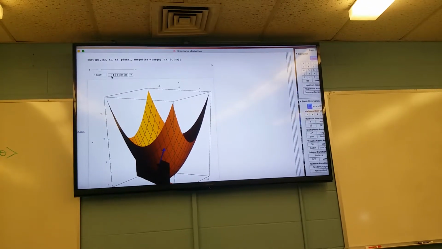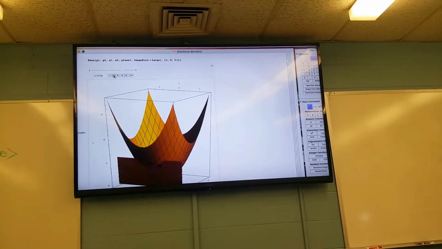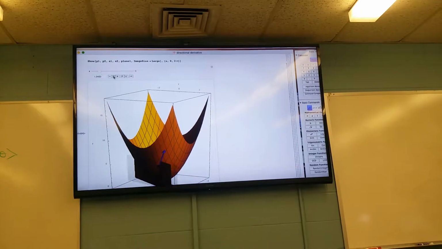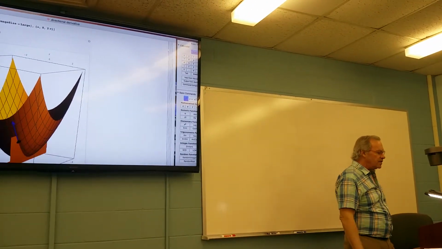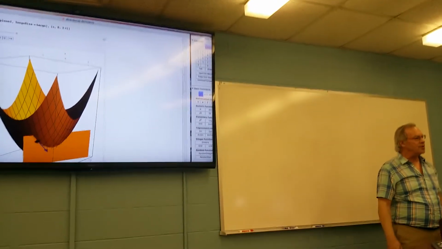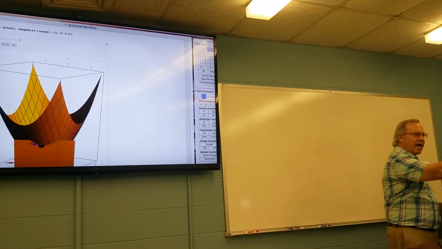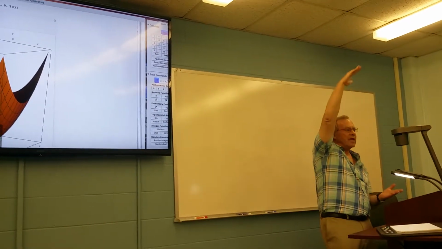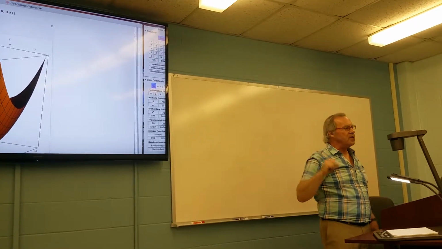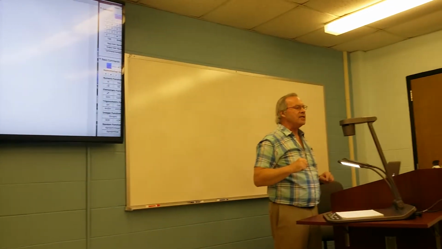So what I'm doing is changing the direction. You can see the slope of the tangent line as it goes around the 360 degrees. Those are all directional derivatives. And where's the maximum one? It's in the direction of the gradient. And what is the maximum slope of that tangent line? It's the magnitude of the gradient, 2 square roots of 5.